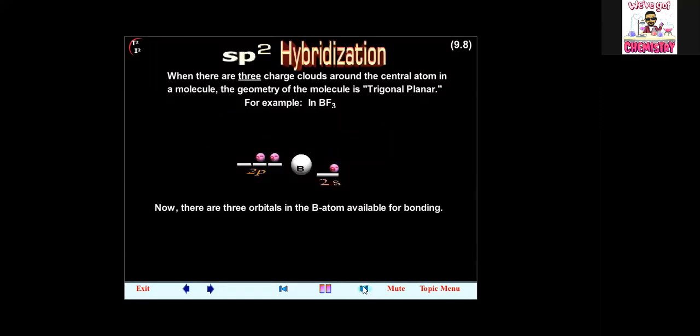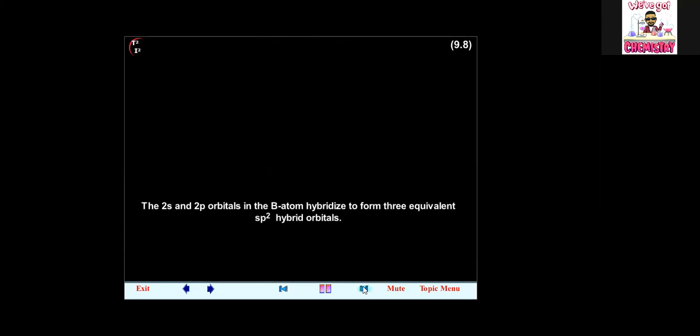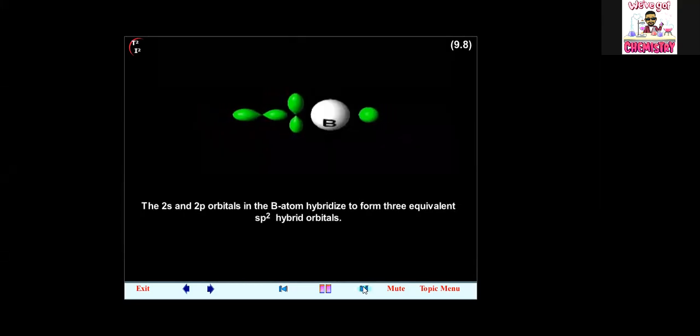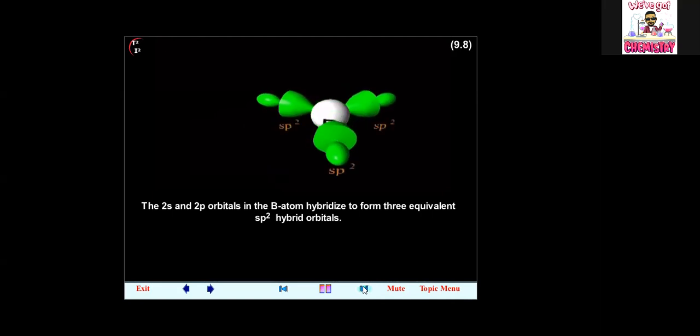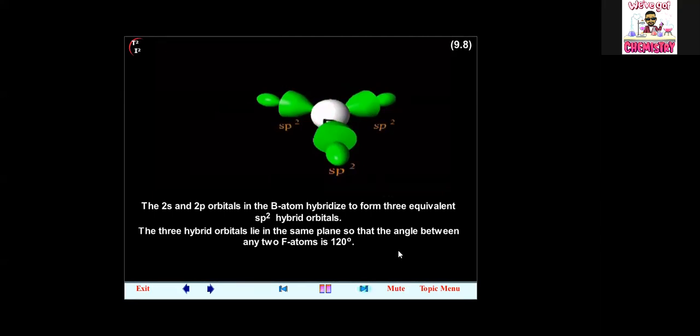Now there are 3 orbitals in the boron atom available for bonding. The 2s and 2p orbitals in the boron atom hybridize to form 3 equivalent sp2 hybrid orbitals. The 3 hybrid orbitals lie in the same plane so that the angle between any 2 fluorine atoms is 120 degrees.